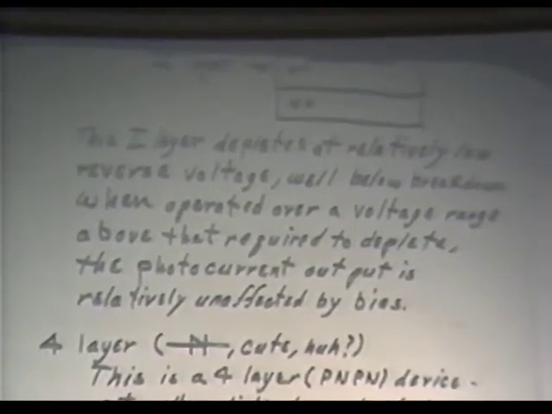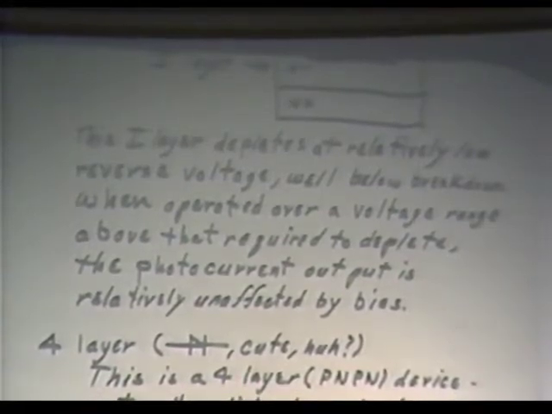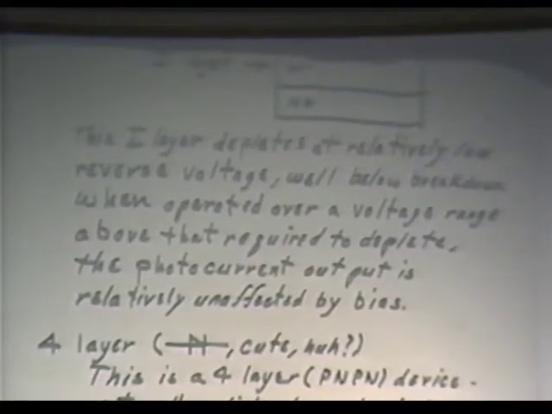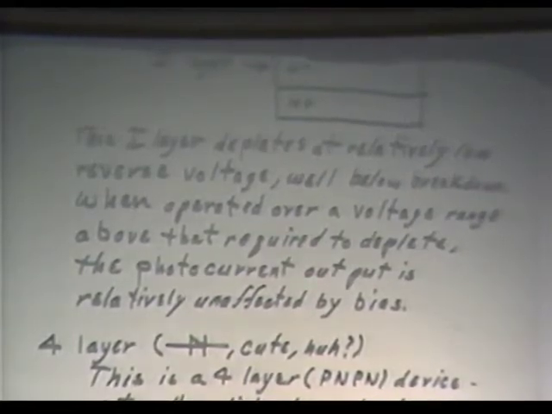And since the output of photocurrent is a function of gamma dot, is a function of the depletion region volume, we deplete it at a low voltage, then the volume isn't going to change significantly. We run it over a voltage range above that, and that voltage can in fact vary within that range, and the output won't change significantly. Is that an arm wave? Does that mean anything?